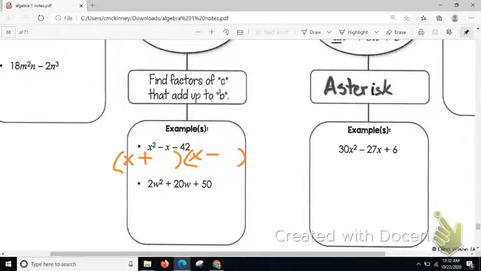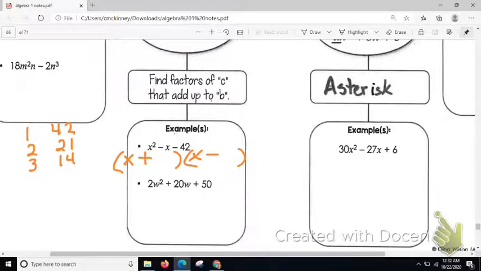So let's think 42, we've got 1 and 42, 2 times 21, 3. Now, you might not know 3 times what, so you grab a calculator and do 42 divided by 3. Oh, 14. Now, notice I've kept going because if I subtract 1 and 42, I do not get 1. If I subtract 2 and 21, I don't get 1. Same for 3 and 14.